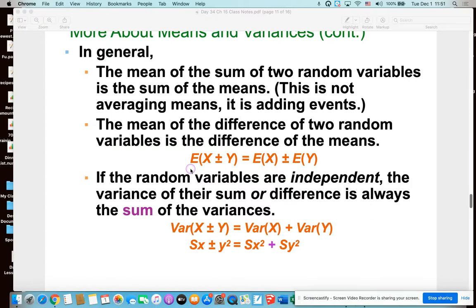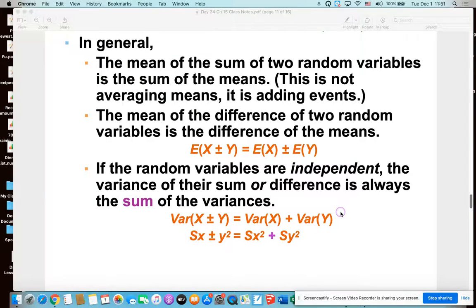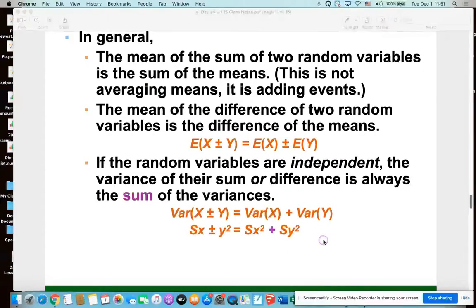When you have different means, and again, if you have independent situations and situations that are normal in shape, then you can go ahead and add those means or subtract those means depending on what's going on. For the variance and the standard deviation, it's a little bit weird, but we'll maybe talk about it more in class.